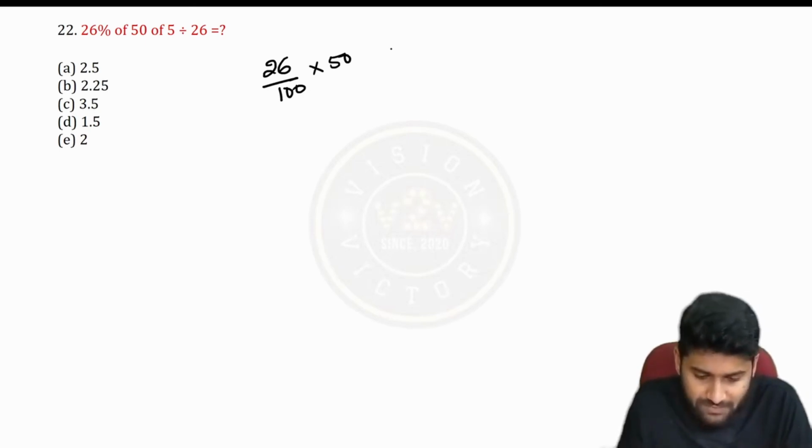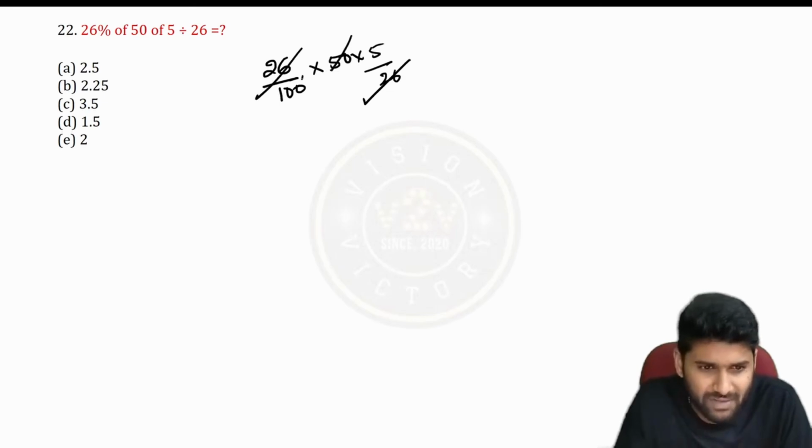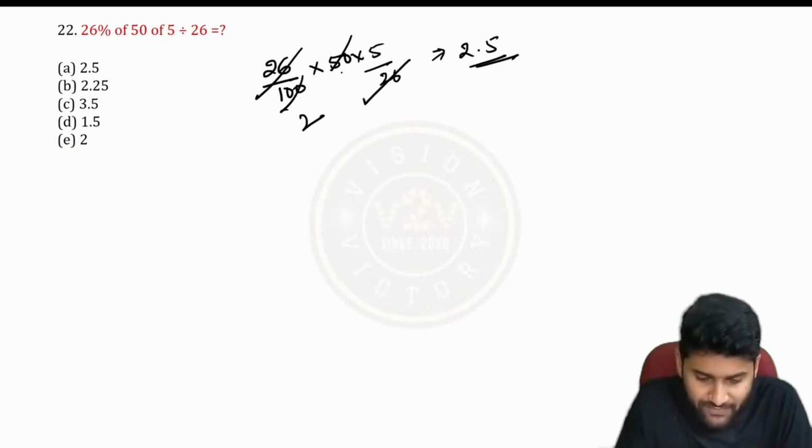So what is the resultant? So simply cancel these two numbers. This is exactly 2 times. 5 by 2 value becomes 2.5.